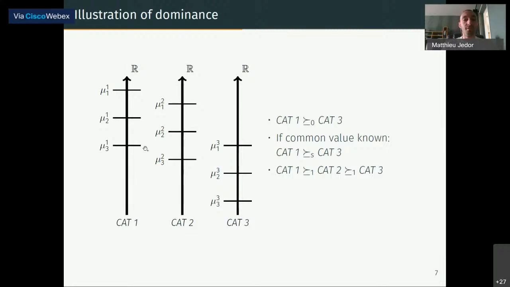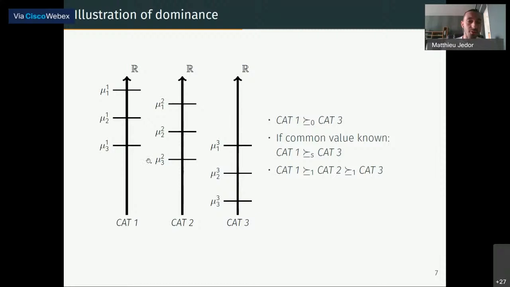So a simple illustration of this dominance. Here we have three categories with 3 arms per category. Immediately we can see that category 1 strongly dominates category 3, and if this common value is known, we will have a group sparse dominance.